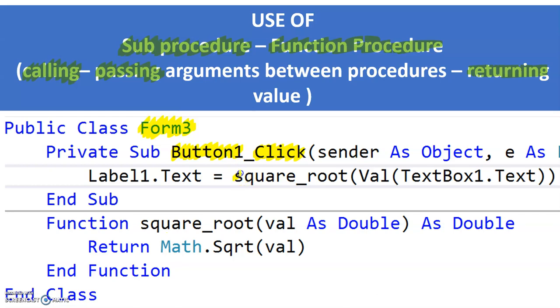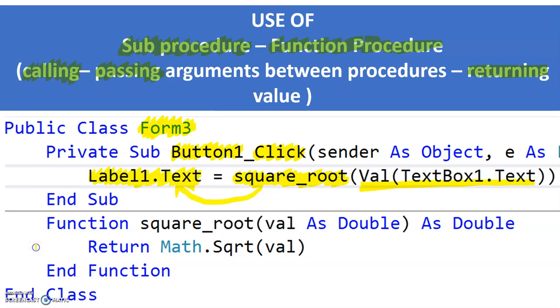We have created a function procedure called square root, and we are passing the argument. This function is going to return something, and I need to assign that value somewhere. Whatever this function brings will be assigned to this label.